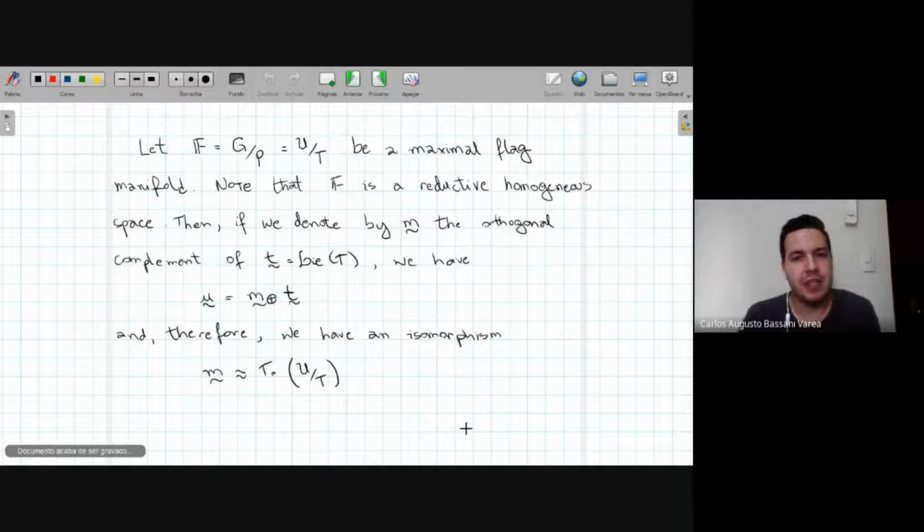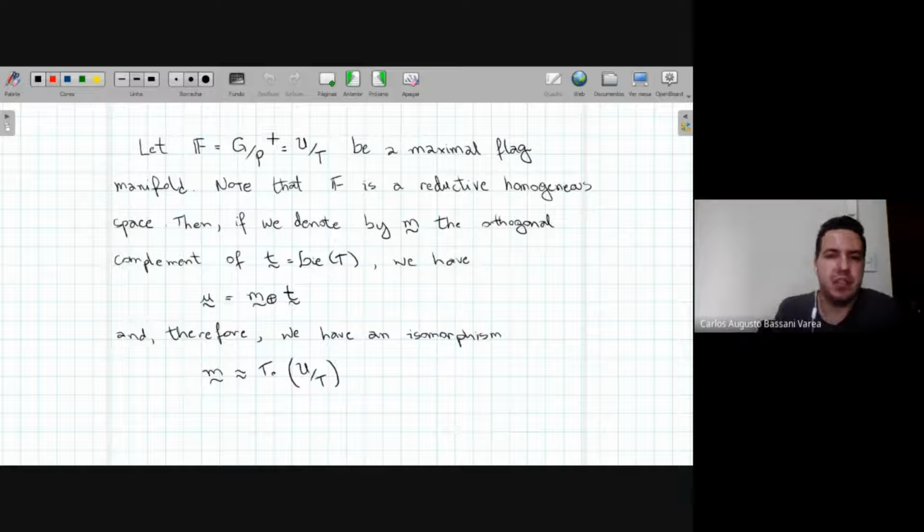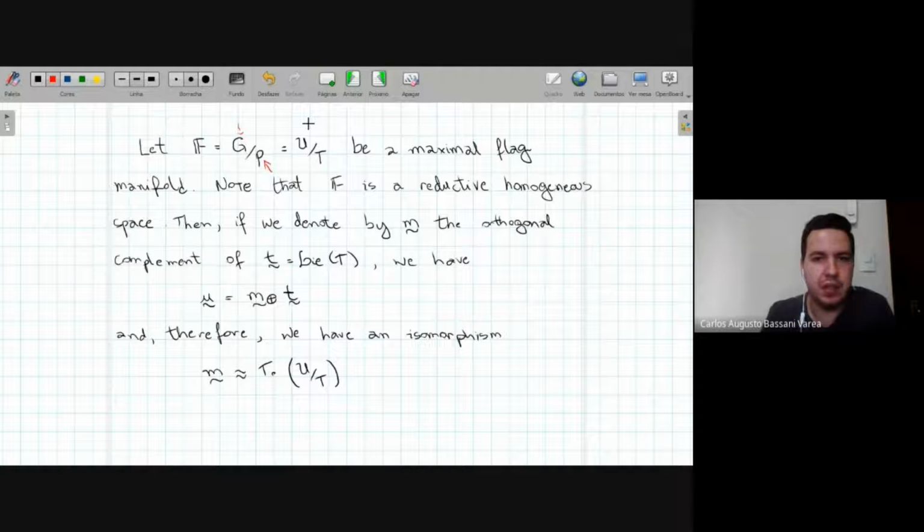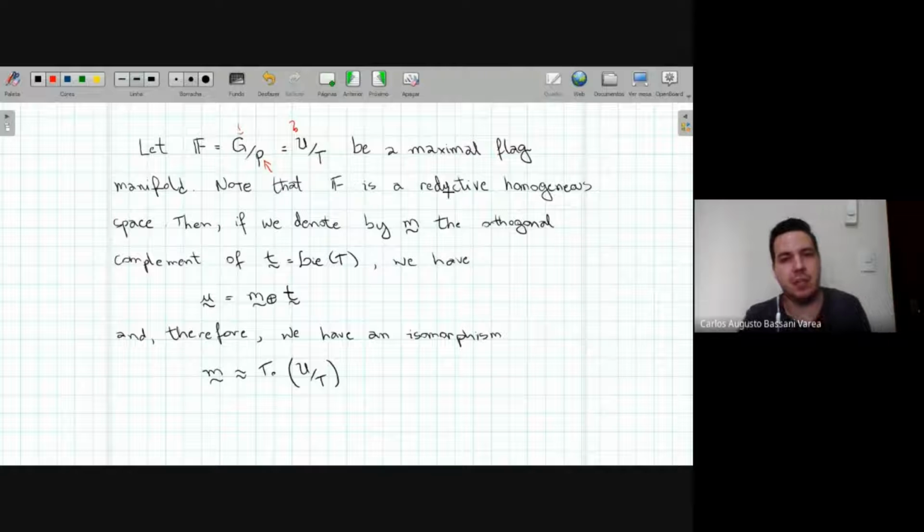We also set what is a flag manifold. We saw that a flag manifold is a homogeneous space given by a Lie group over a parabolic subgroup. And also we saw that we can identify it as the compact real form of G, denoted by U, over a maximal torus.